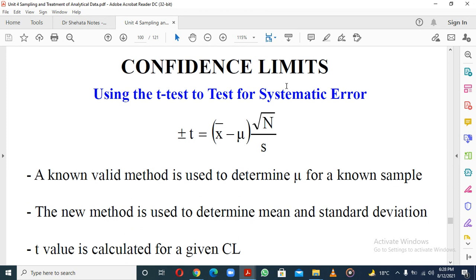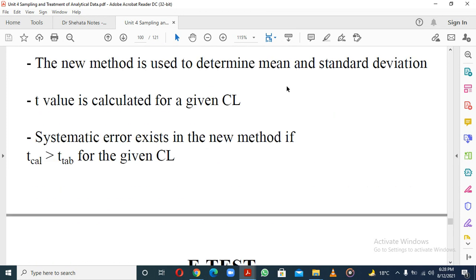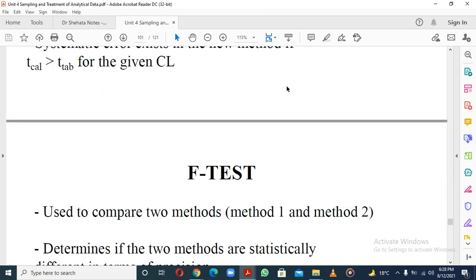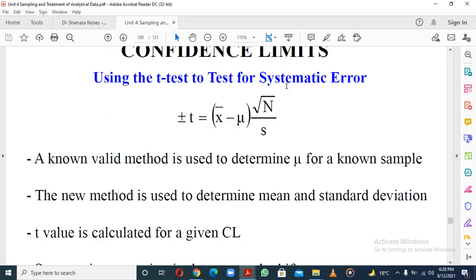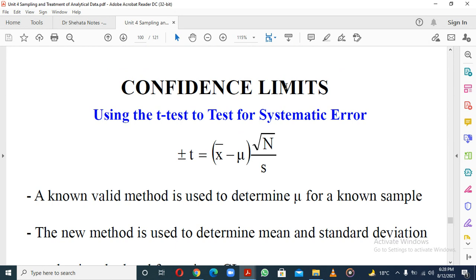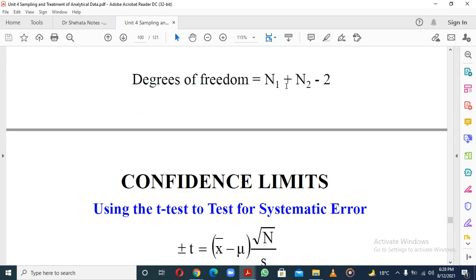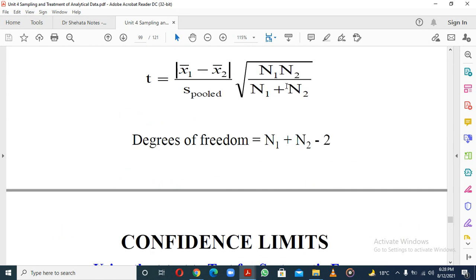Okay, so basically, after you've gotten your t value from here, then you go to the table, look at the degrees of freedom, and then look at your confidence level, and see what t value is there.